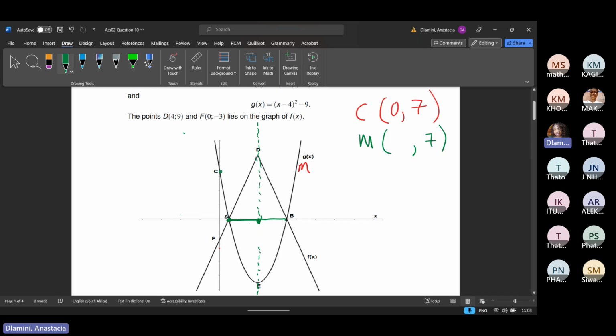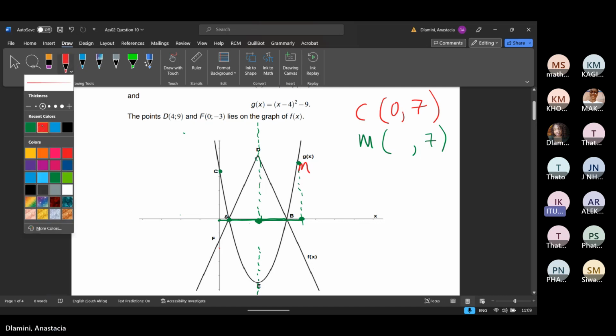But where is C? C is here, right? Now C is there. So M is somewhere here. It's the same as moving from here to there. Do you all agree? Yes.